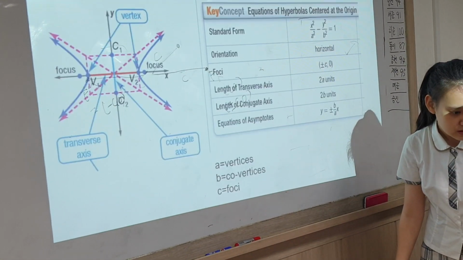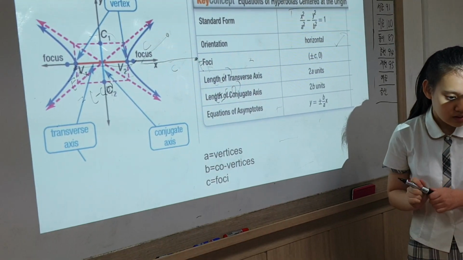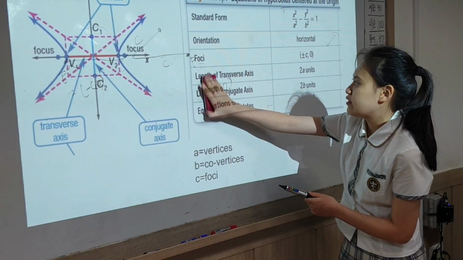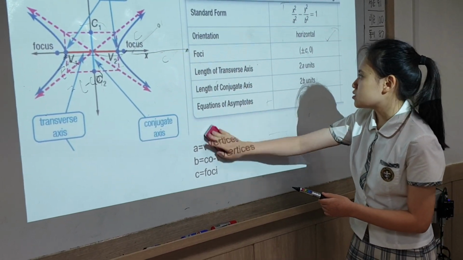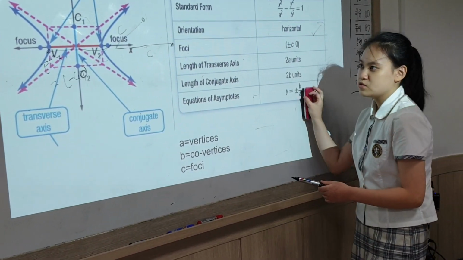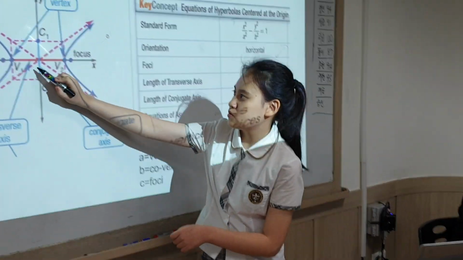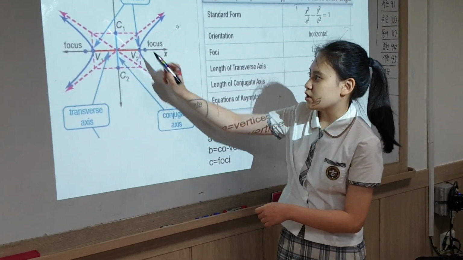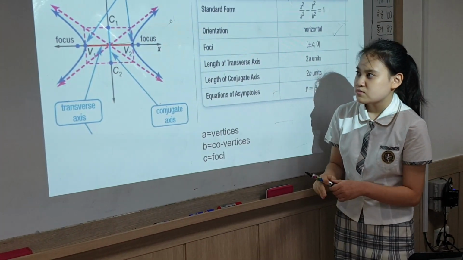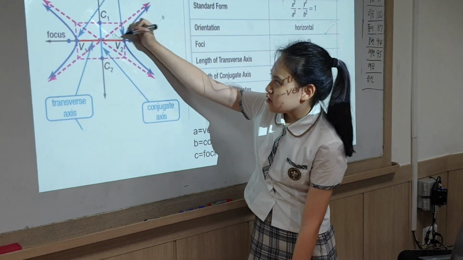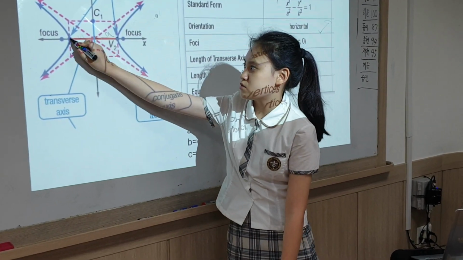And let's go to the other formula, which is the length of the transverse axis. So this is kind of straightforward. Since these two are equal since those are symmetric, we can just say since this is A as well, this equals 2A.